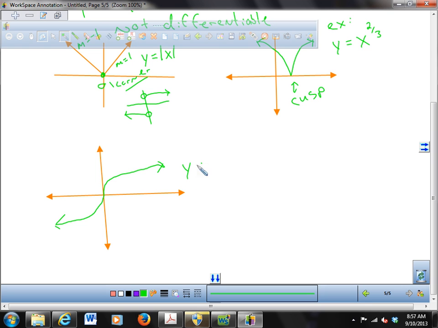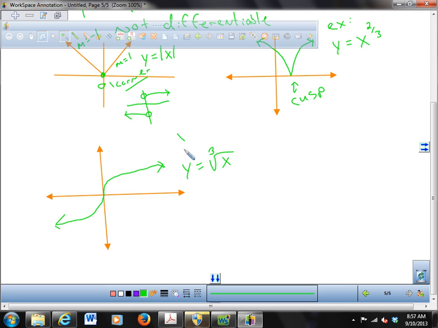Tangent? Well, not tangent, but I think inverse tangent. Yeah, inverse tangent would look like that. But also things like y equals the cube root of x would look like that.